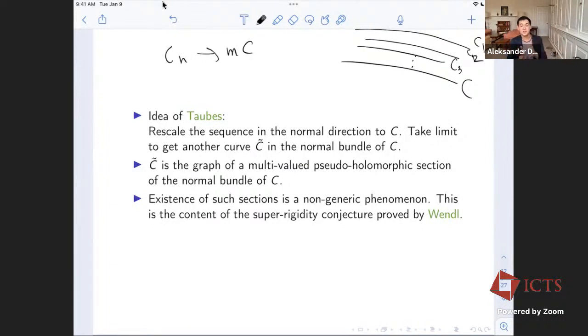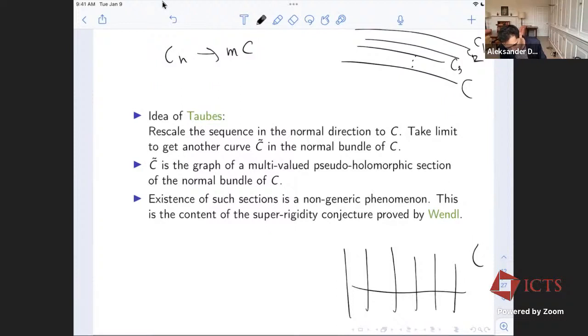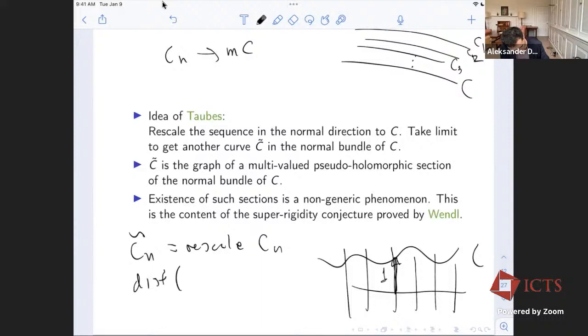So in particular, it gets closer and closer to C. What you do is take the normal bundle of C and start rescaling all of these so that the Hausdorff distance between C_n tilde and C is 1, even though the original distance is going to 0.